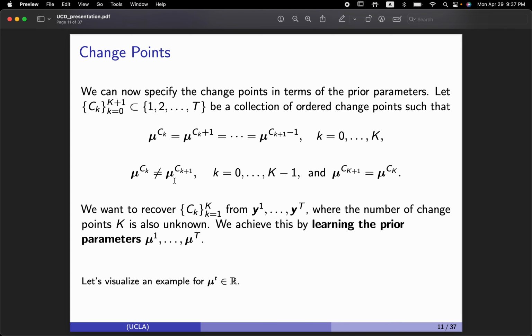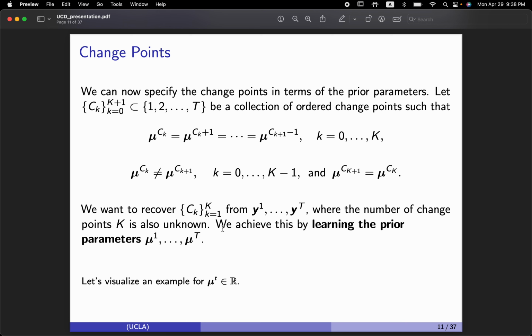Our goal is to recover the change points from the observed time series of networks, where the number of change points K is also unknown. We achieve this by learning the prior parameters mu1 to muT.